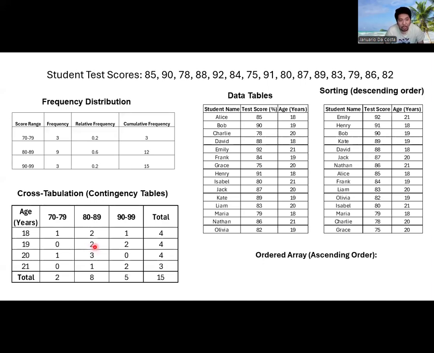So that is a contingency table or cross tabulation table. For example, you can also order an array in an ascending order. Okay, so these are some of the examples of how you can organize data.